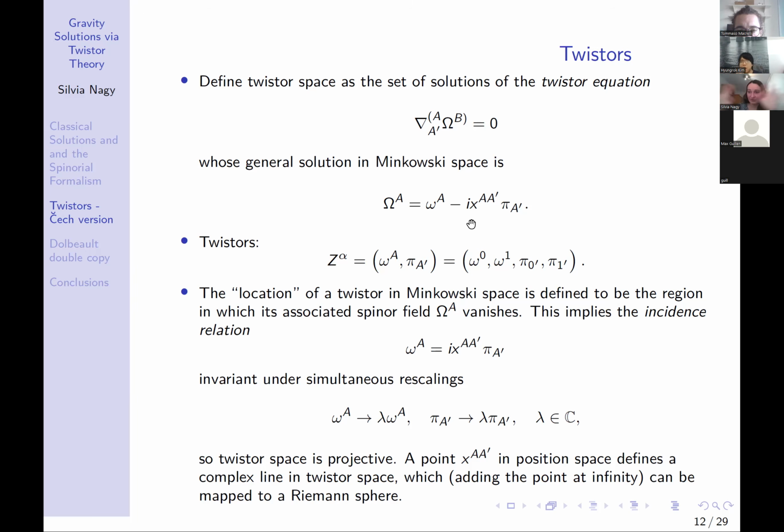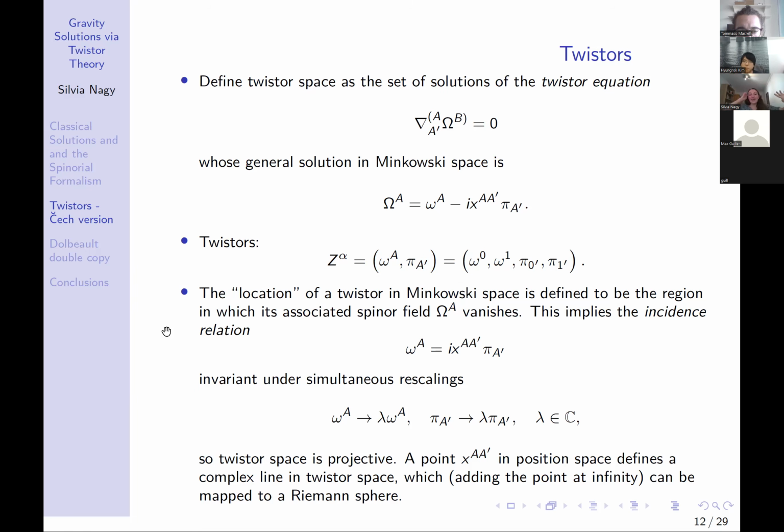So this, remember, is really just X, a coordinate. Then I can define the Twistor as this four-component object made out of the omega having two components and the pi having two components.